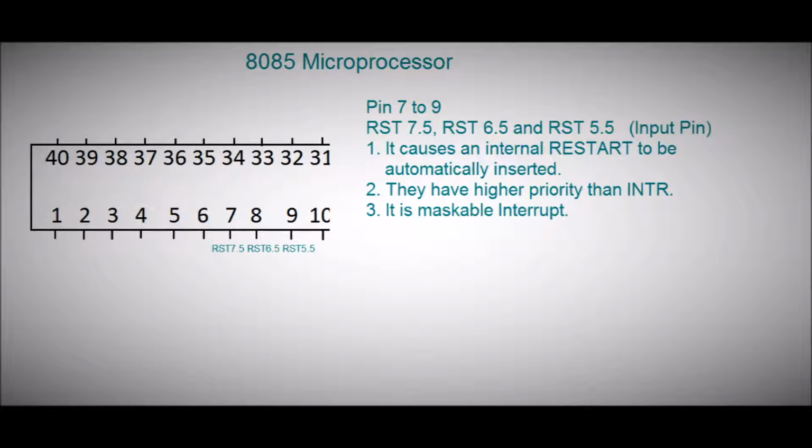Pin 7 to 9. RST 7.5, RST 6.5, RST 5.5. Input pin. 1. It causes an internal restart to be automatically inserted. 2. They have higher priority than INTR. 3. It is maskable interrupt.